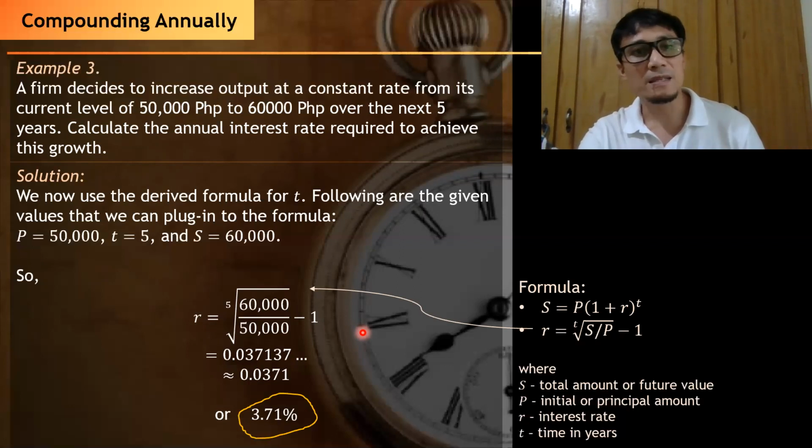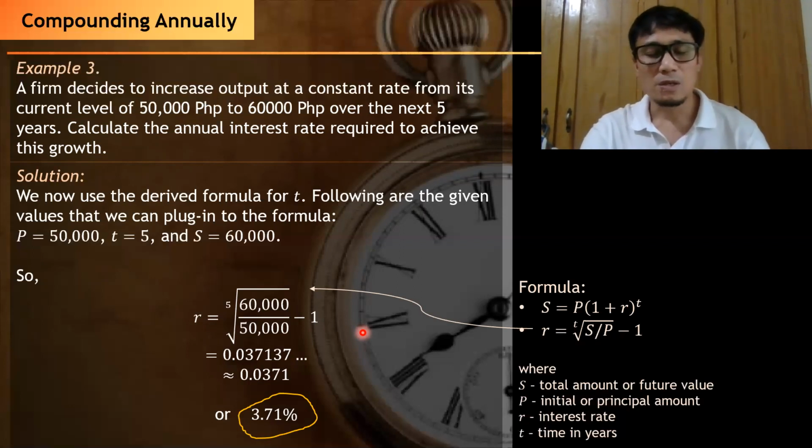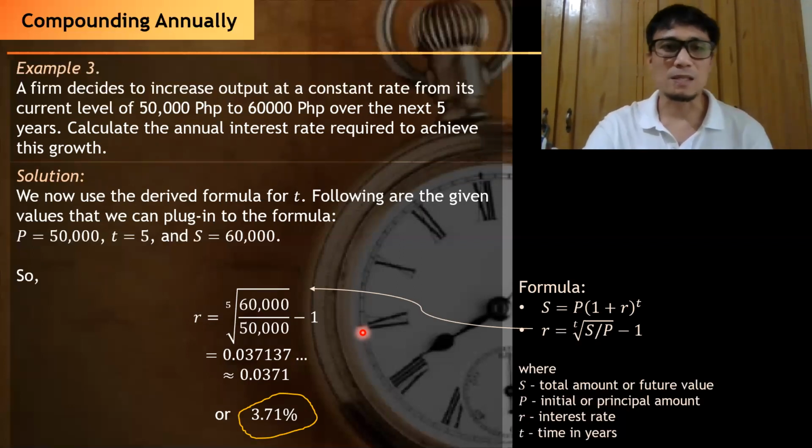This is the needed or the required annual interest rate to achieve the growth from 50,000 to 60,000.